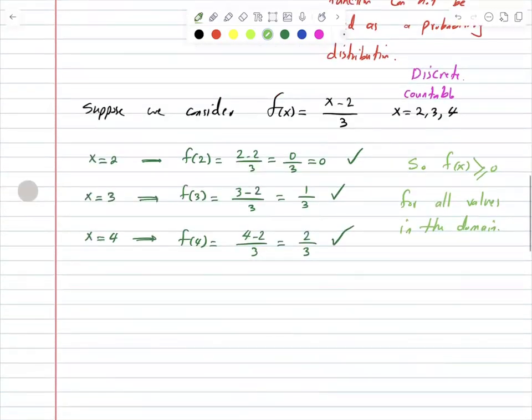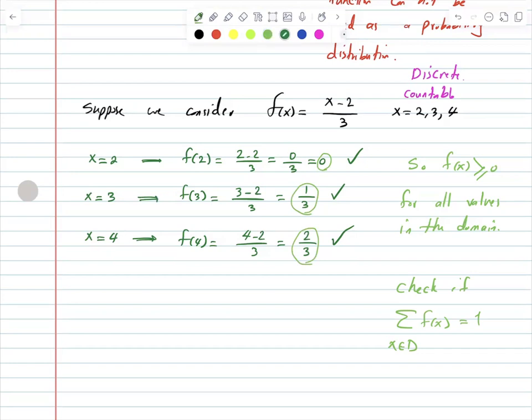Now we need to check if the summation of these y values or output values for every x in the domain is equal to 100% or 1. So let's begin. We need to add 0, a third, and 2/3.